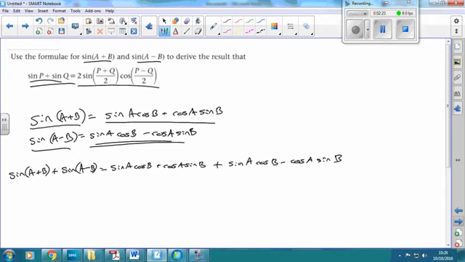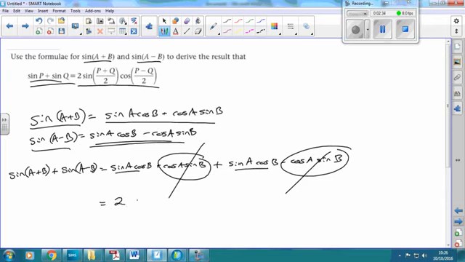What you notice is that we've got plus cos a sine b minus cos a sine b, so those are just going to cancel. Then we add these two things together, and that equals 2 lots of sine a cos b. So that's sine (a plus b) plus sine (a minus b).